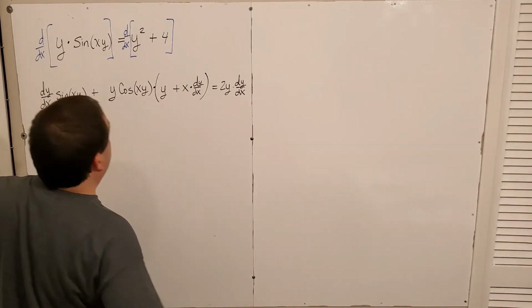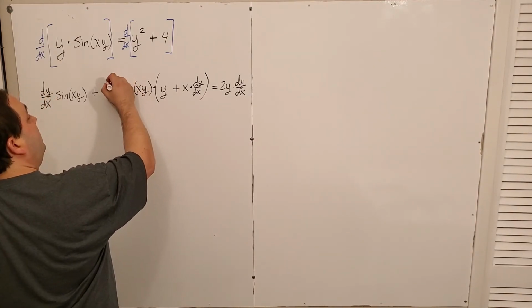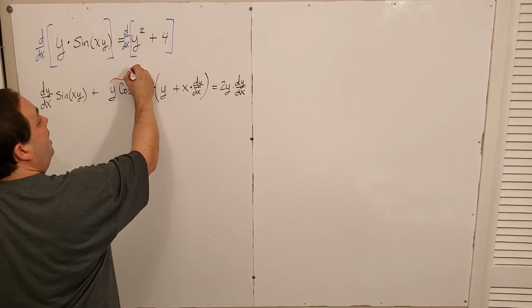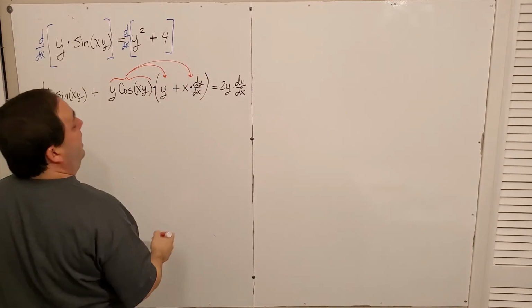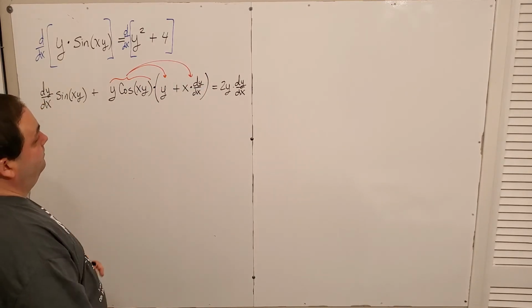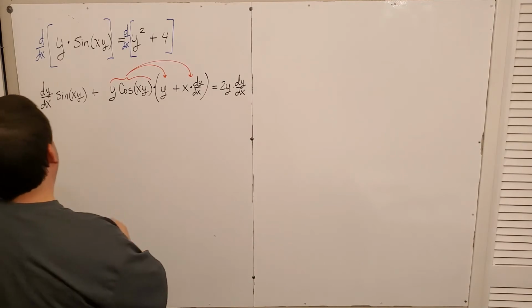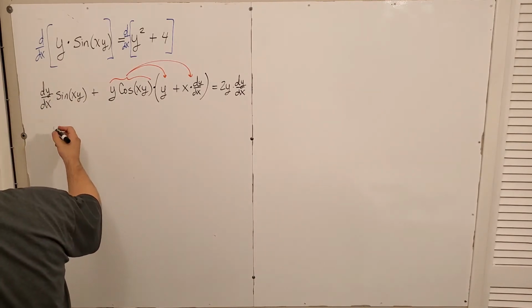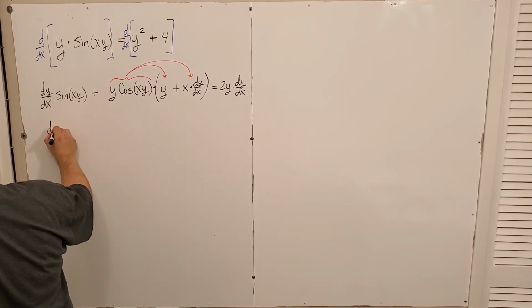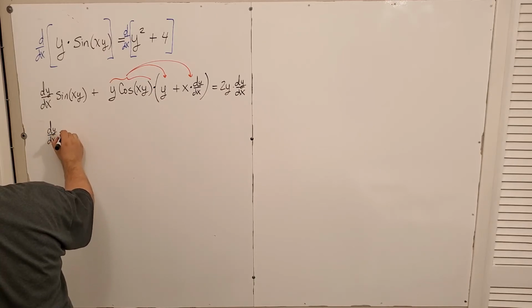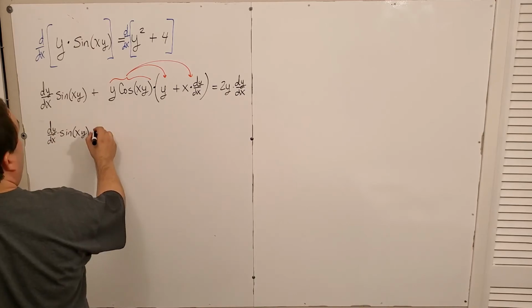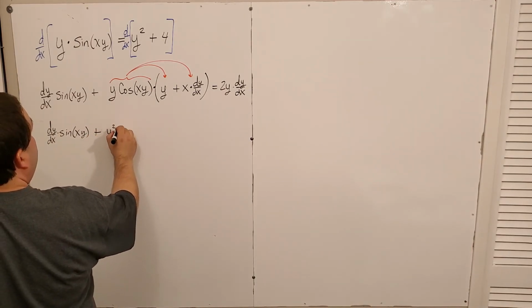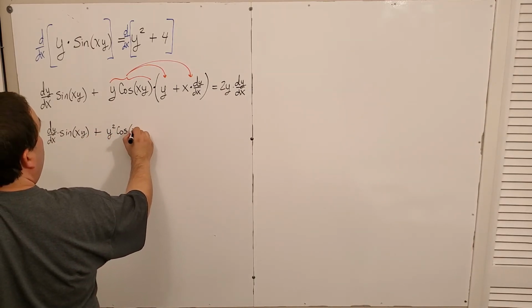So here's what I'm going to do. I'm going to multiply this times the y, and then again times the x dy/dx. So I have dy/dx times sine of xy, plus y squared cosine xy.